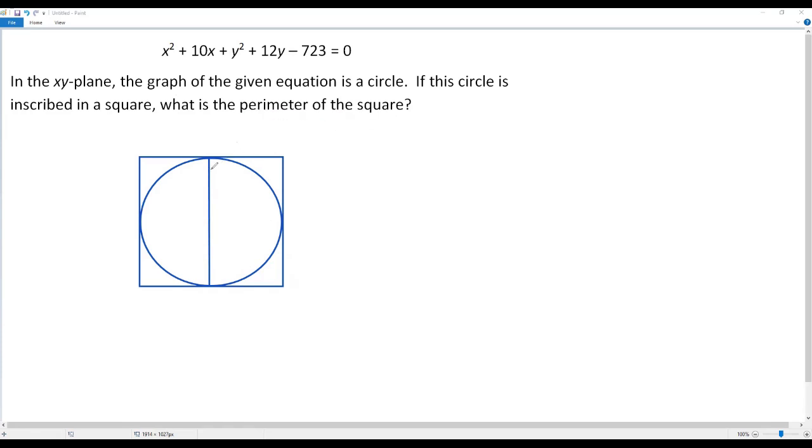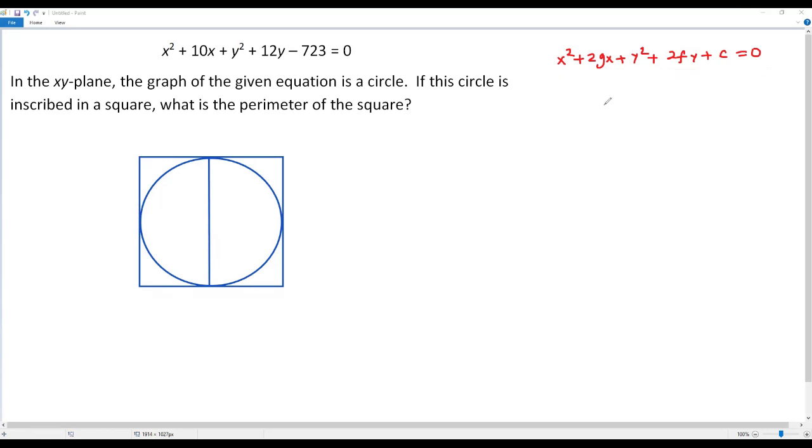Now our aim is to get the length of the diameter of the circle. Let's try to get the radius of the circle, then it can be multiplied by 2 to get the diameter. For that, let's consider the equation of a circle in general form, that is x² + 2gx + y² + 2fy + c = 0.